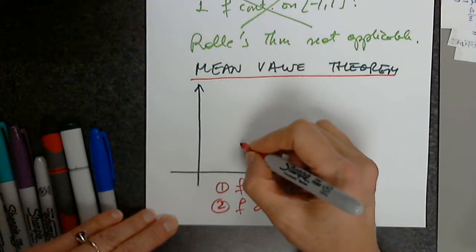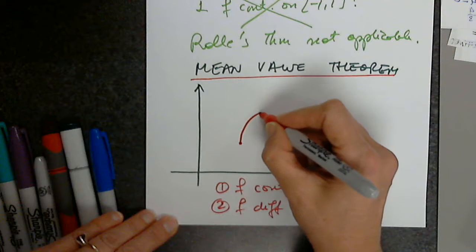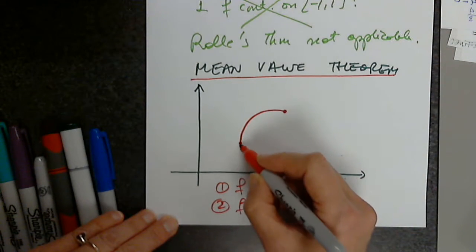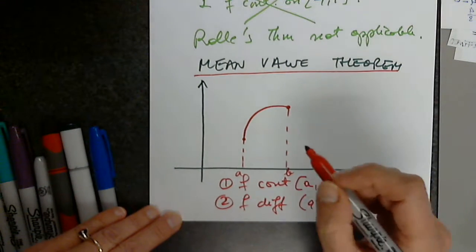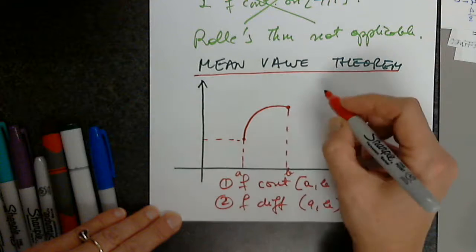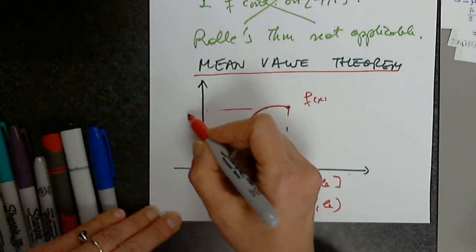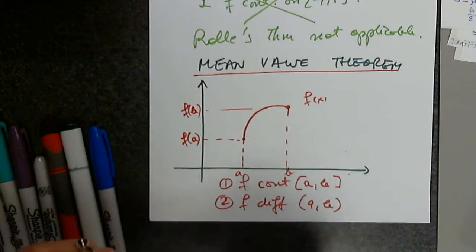So here's the example now. Let's say I have this graph. Of course, this is A, this is B. This is the function f of x. So this is definitely f of b, and this is definitely f of a.